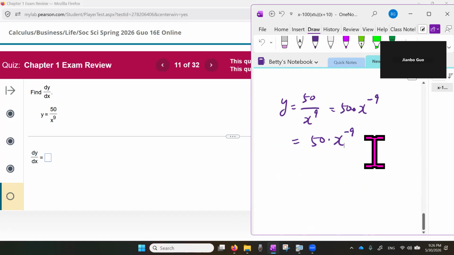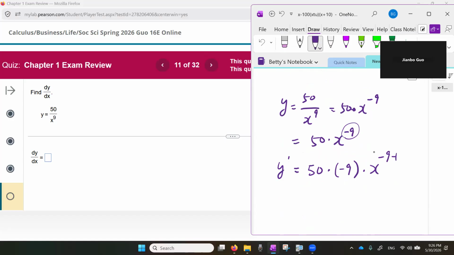The derivative is going to be: keep the coefficient, move the exponent in front, and then keep the variable base and use the original exponent minus 1. And that gives 50 times negative 9, which is negative 450, and x to the power of negative 10. Negative 9 minus 1 is negative 10.